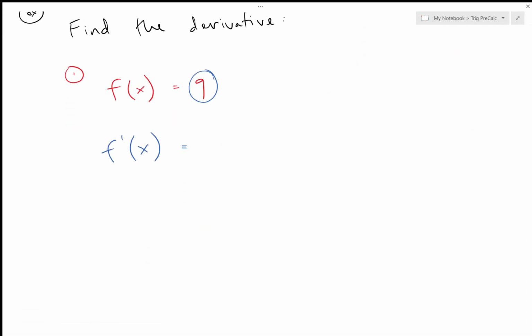So if I have a function that is 9, the derivative is going to be 0. The same thing if I was given f of x is 1234, the derivative of this, it's a constant number, is just going to be 0. Any constant number, the derivative of that is going to be 0.